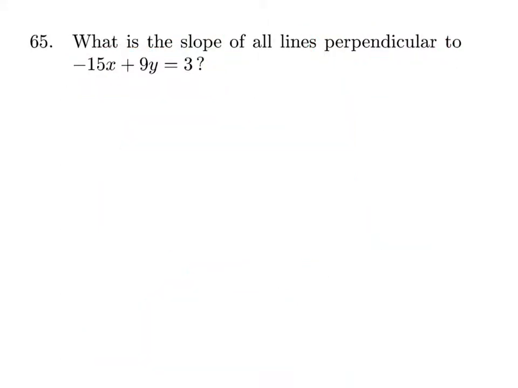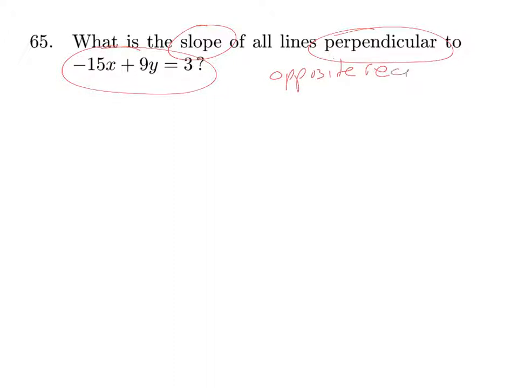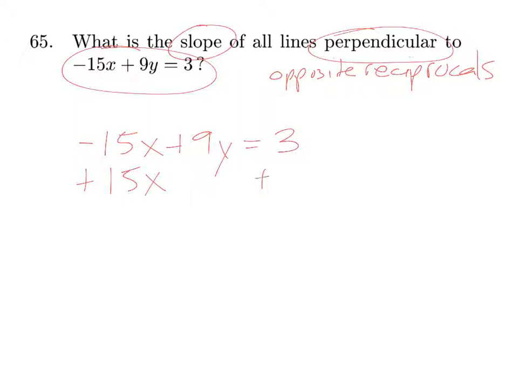What is the slope of all lines perpendicular to this line? Alright, perpendicular. Remember for perpendicular, the slopes are opposite reciprocals. Alright, so here's my equation. Then I'm going to add 15x. I get 9y is equal to 15x plus 3.